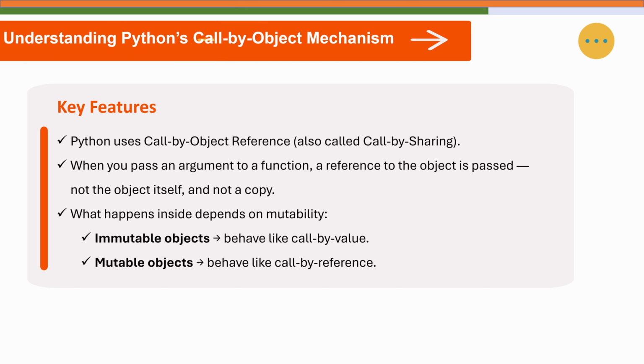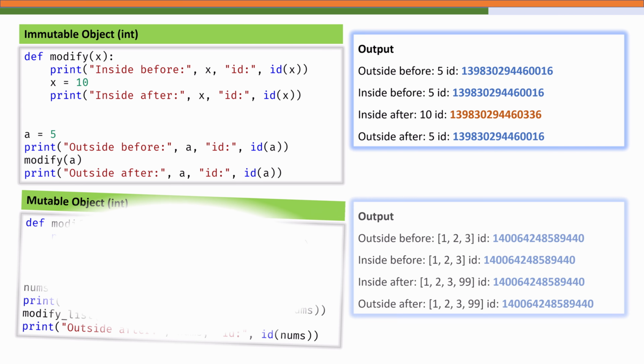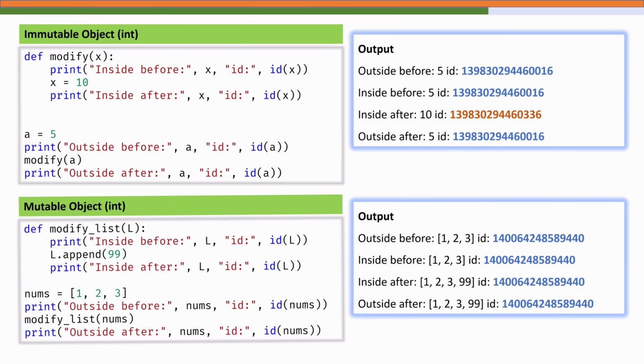If you pass a mutable object like a dictionary or a list, the function still receives a reference, but because the object can be changed in place, the original data outside the function can be modified as a side effect. So in summary, Python always passes references, but the effect looks like call by value for immutables and like call by reference for mutables.